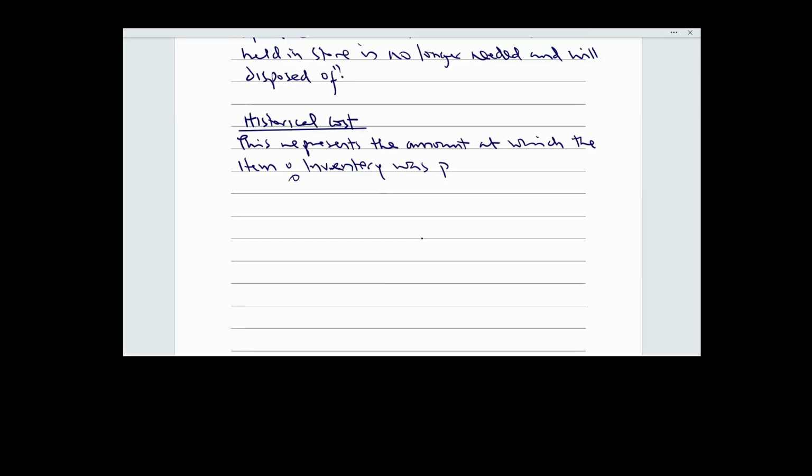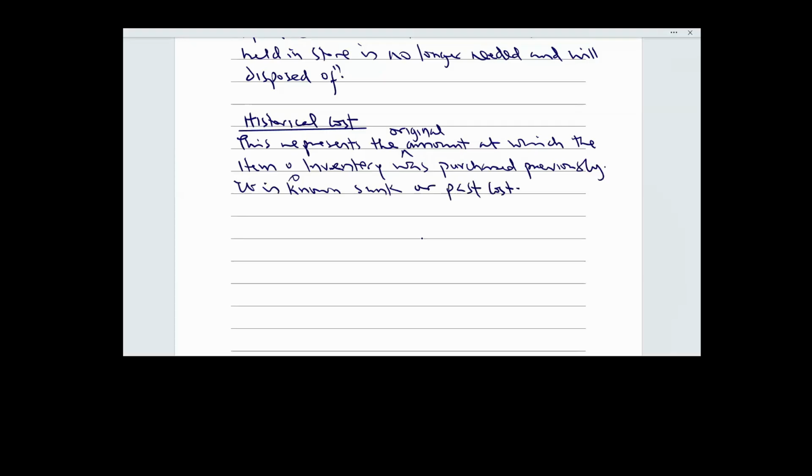This represents, let me call it, the original amount at which the item of inventory was purchased previously. It is also known as sunk or past cost.